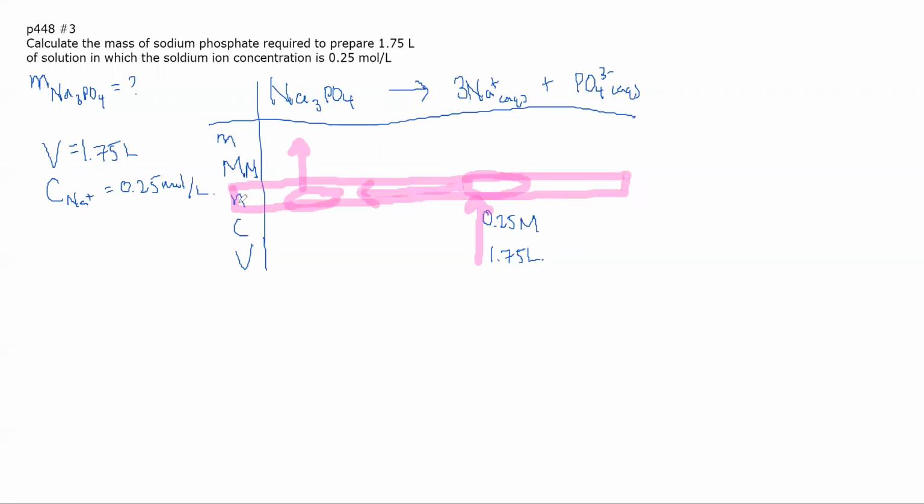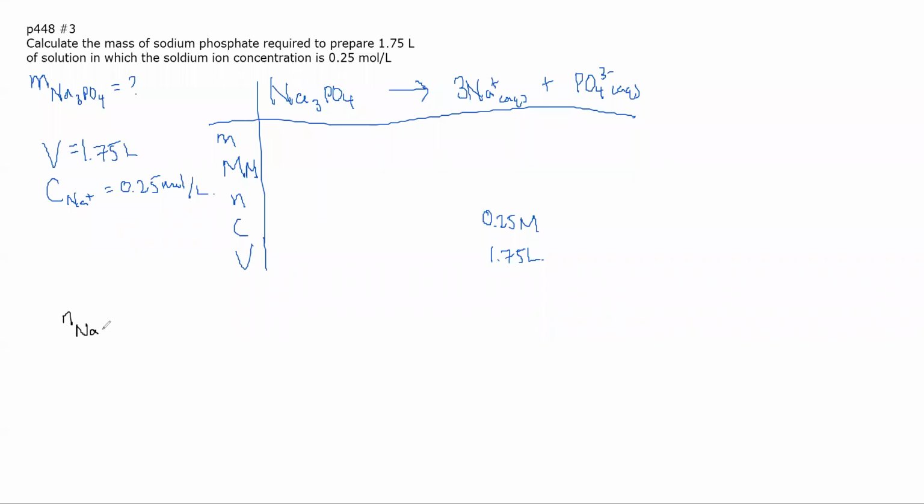You see how the number of moles, the mole ratio, is going to help us out in any given situation. This is stoichiometry for solutions, okay? You want that middle row filled in so that you can navigate around an equation. So let's do it. The number of moles of sodium ion is equal to C times V, which is 0.25 molar times 1.75.